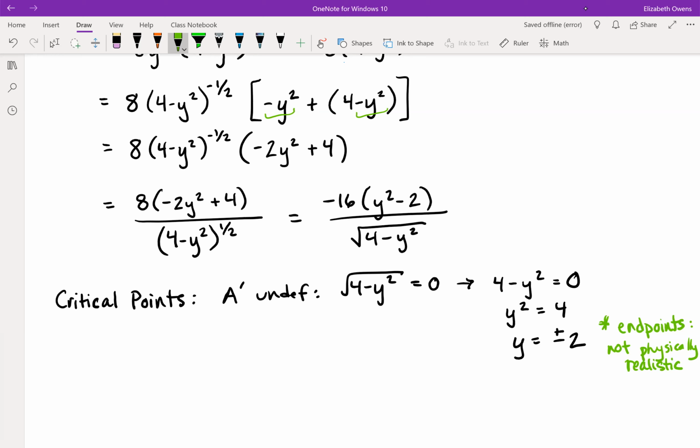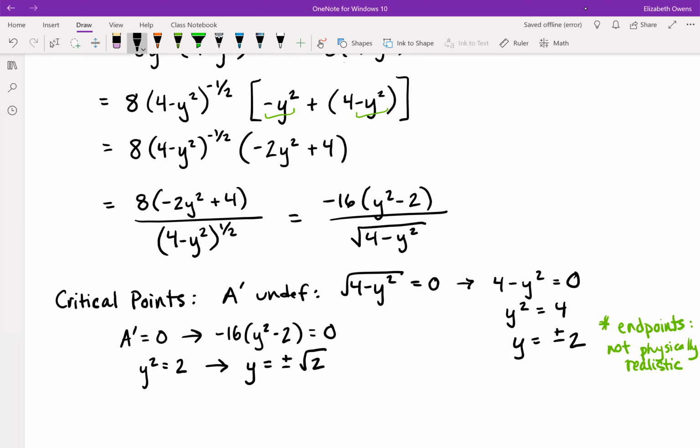So let's focus instead on our points where A prime equals 0. That would be where our numerator, -16 times y squared minus 2, equals 0. That would give us y squared equals 2, and so y would equal plus or minus the square root of 2.